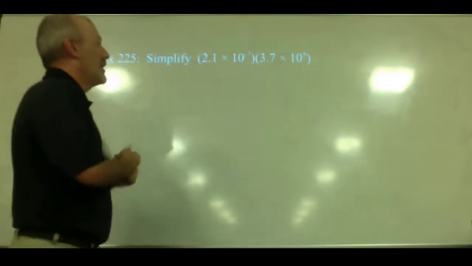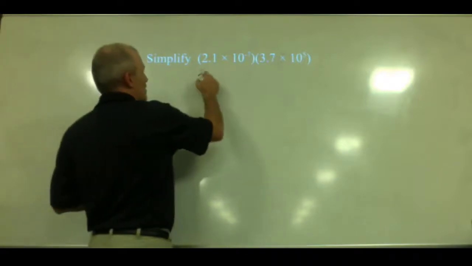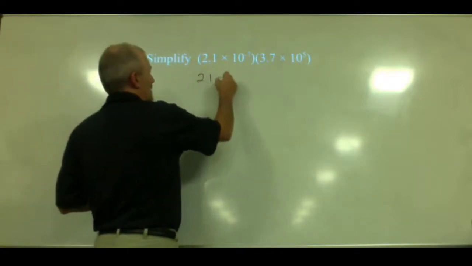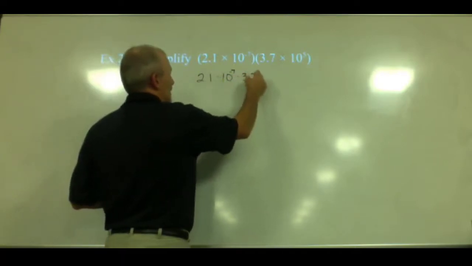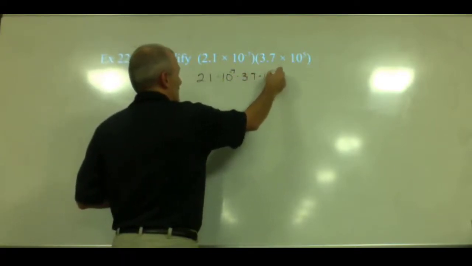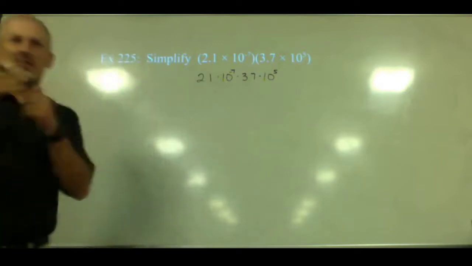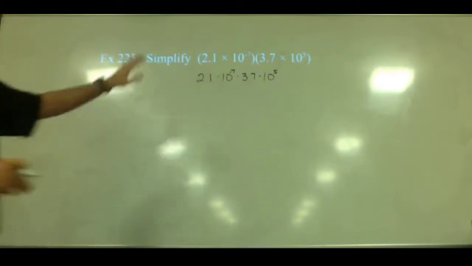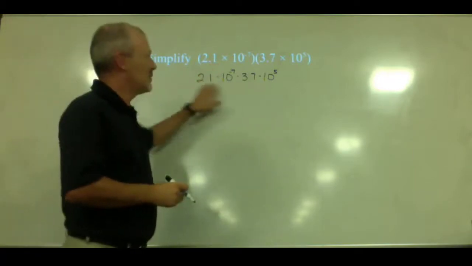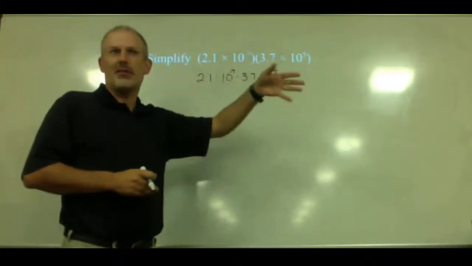This is all multiplied. This really just means 2.1 times 10 to the -7th, times 3.7 times 10 to the +5th. It's just all these things are multiplied together. So we write it this way, but again, this is what it really means. You're just multiplying all these things together.